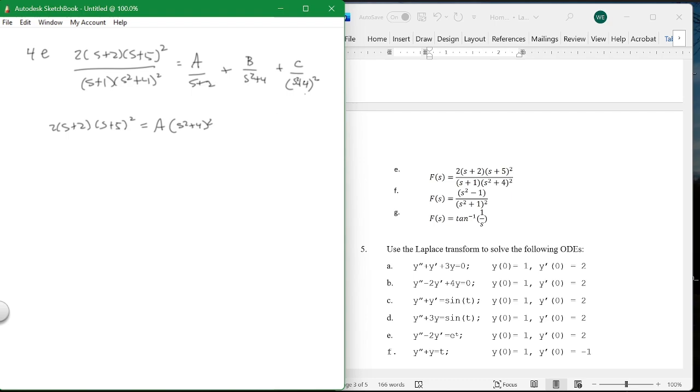Because you got s squared plus 4 quantity squared, because you got to do that whole thing, plus B times s plus 2 times s squared plus 4, plus C times s plus 2, right? Yes, sir. Having this A plus s plus 1. I got it. Thank you.